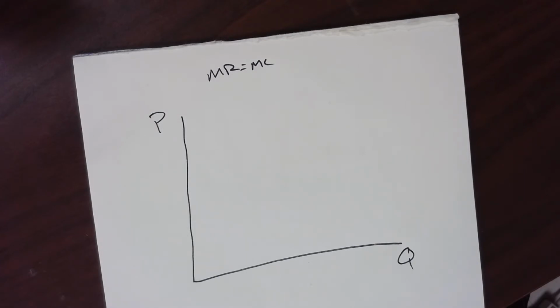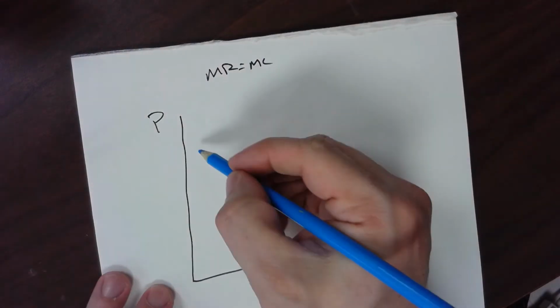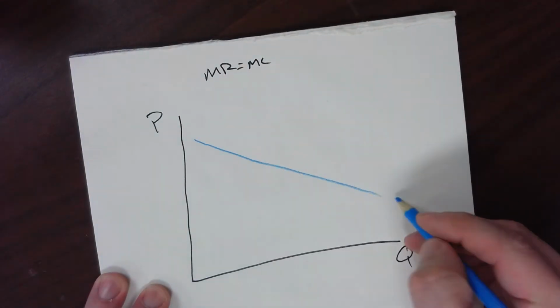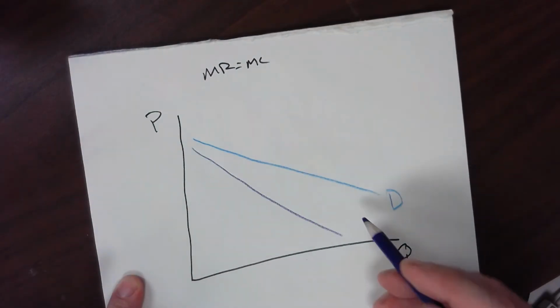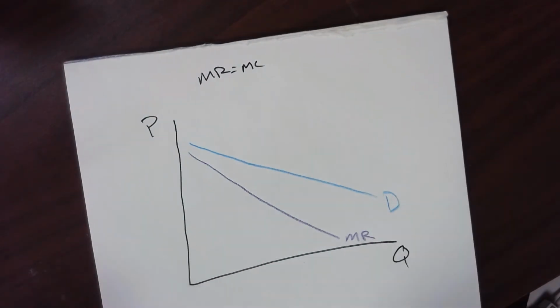But because this is a monopolist, a couple things happen. First off, your demand curve and your MR curve are now separate. No more MR equals D. All right, so you have that to worry about.